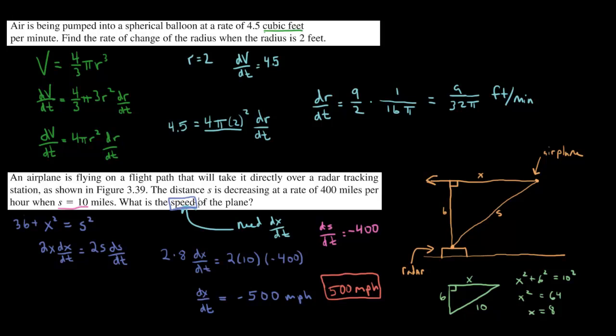Because speed can't be negative. The lowest speed can go is 0. Velocity can be 0, positive, or negative, but speed has to be non-negative. So 500 miles per hour is the speed of the plane.